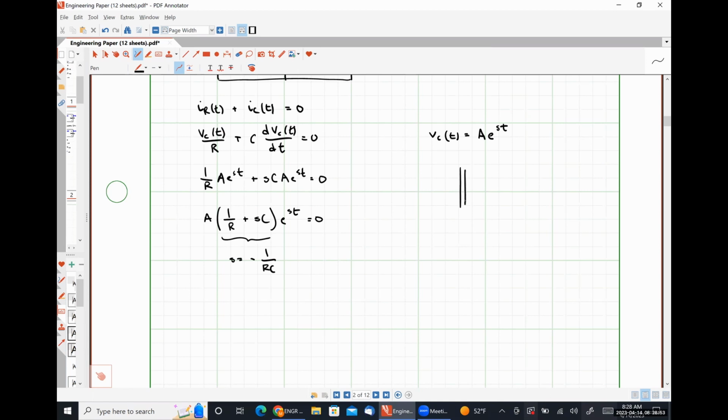So VC of t will be of the form something times e to the negative t divided by RC. What do you think that something is going to be?